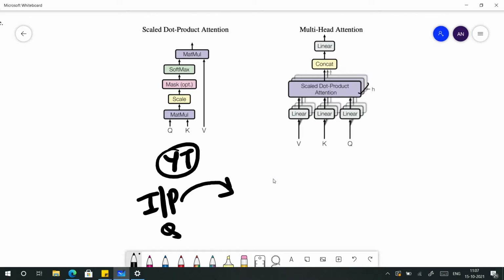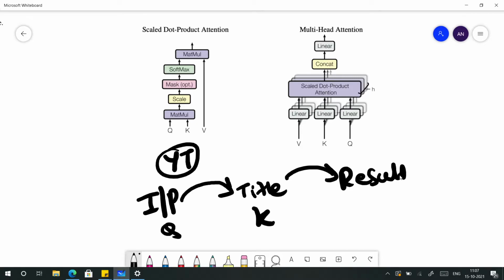It is going to match your input with the video descriptions and titles of various videos, and that is your key. Let's say the title is your key, and finally it is going to present you with some results. That is your value.